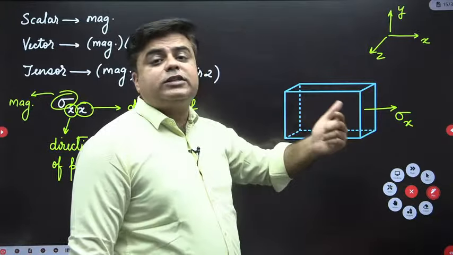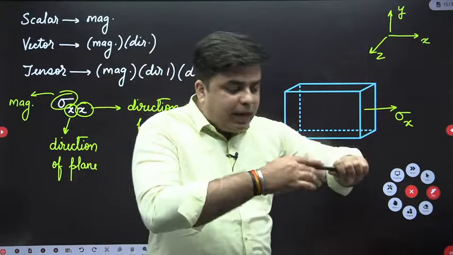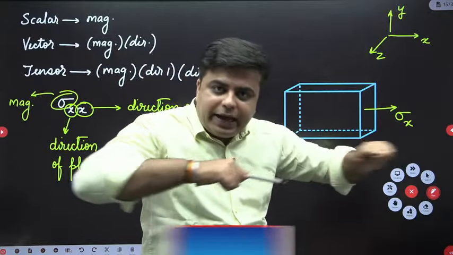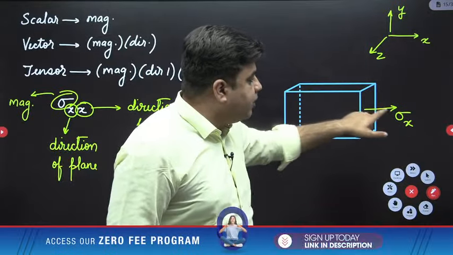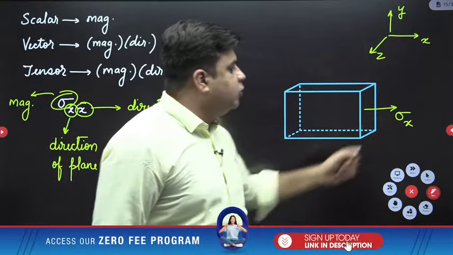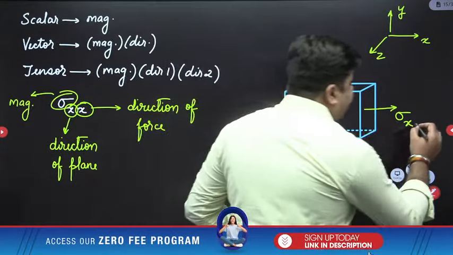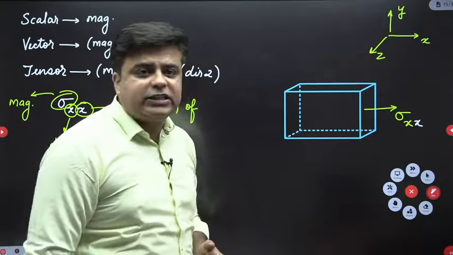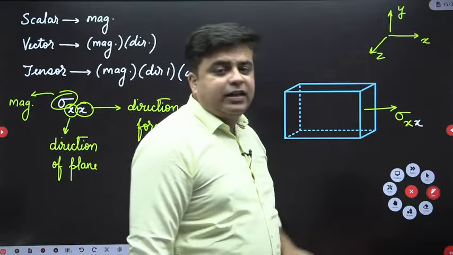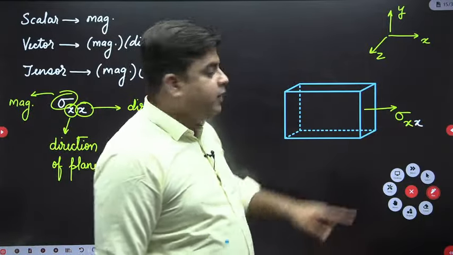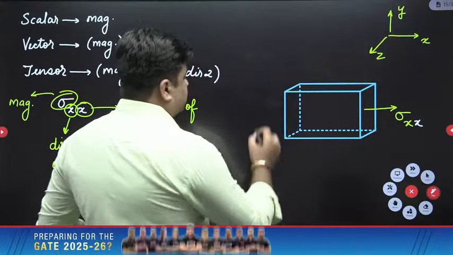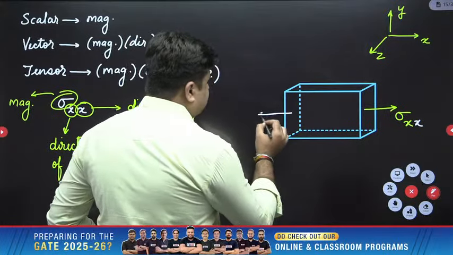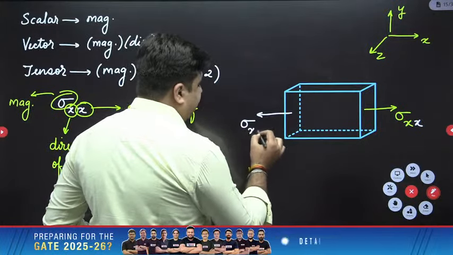Who will cause this normal stress? If you apply the axial load along x direction, then this normal stress will be caused, and it equals sigma x comma x. This first x represents the direction of plane and the second x represents the direction of force which causes this stress. So this element is subjected to a normal stress of sigma xx.